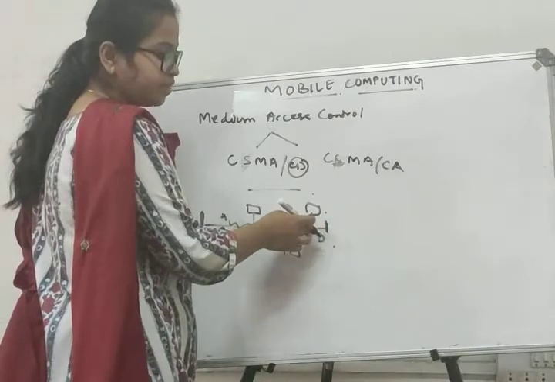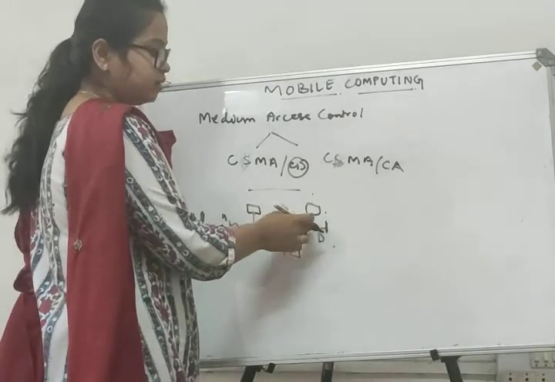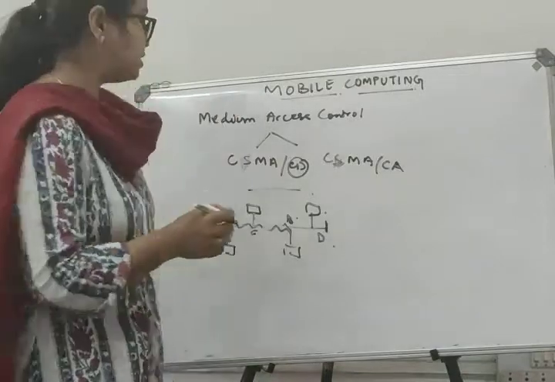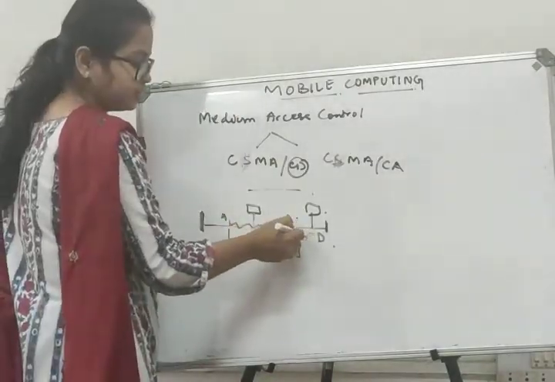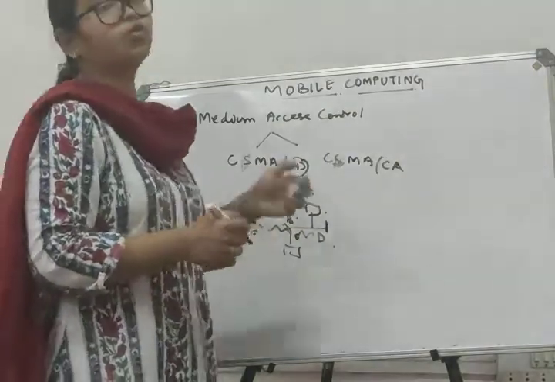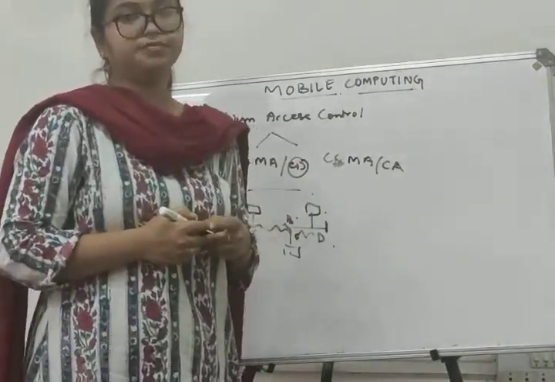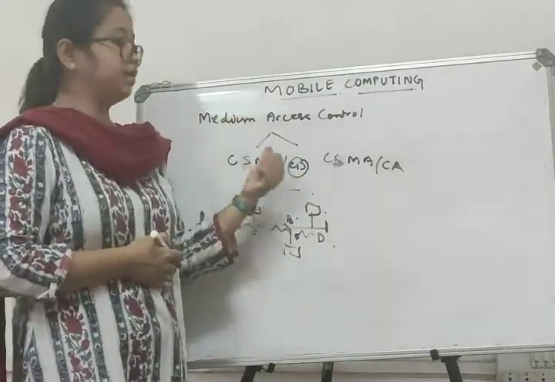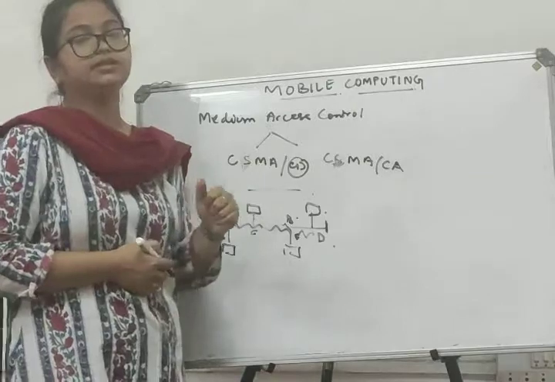Now it will sense the channel and find that the medium is free. So it will simply go ahead and start transmitting, and when it starts transmitting, collision will happen.